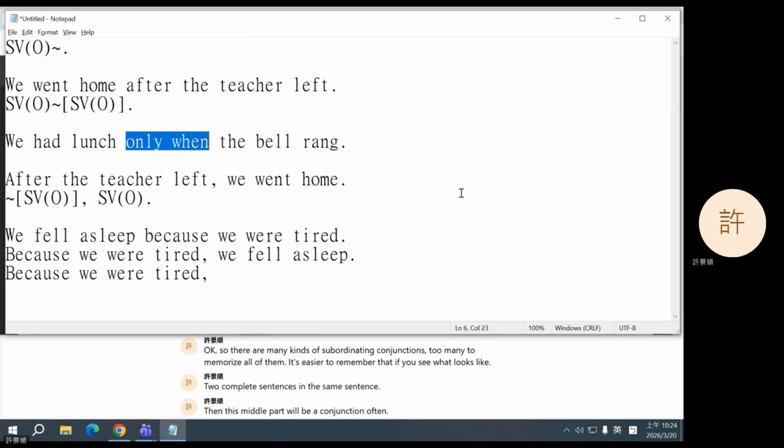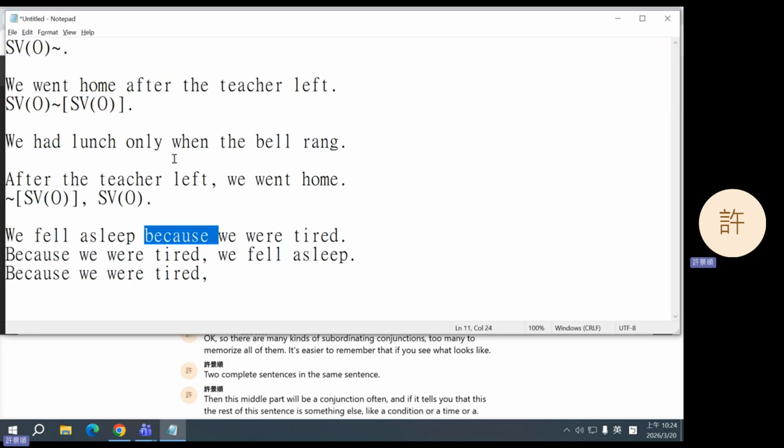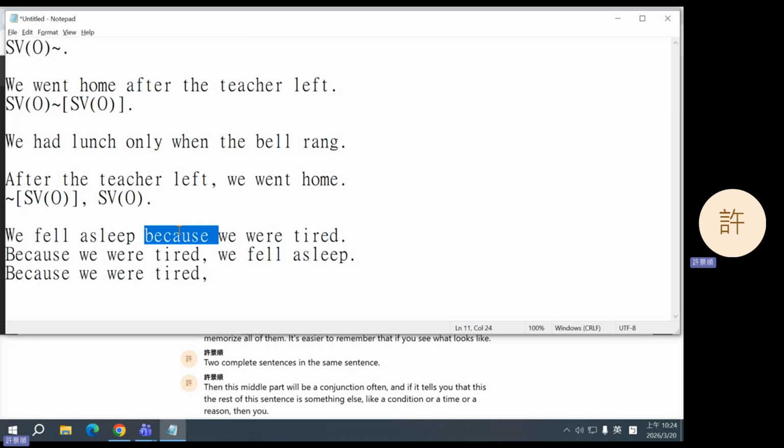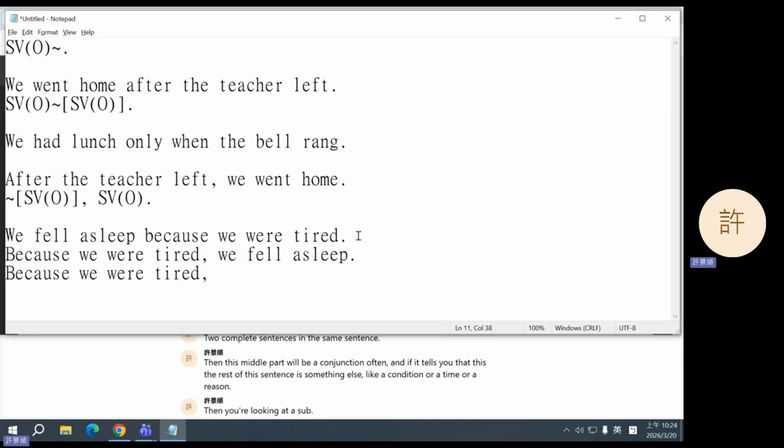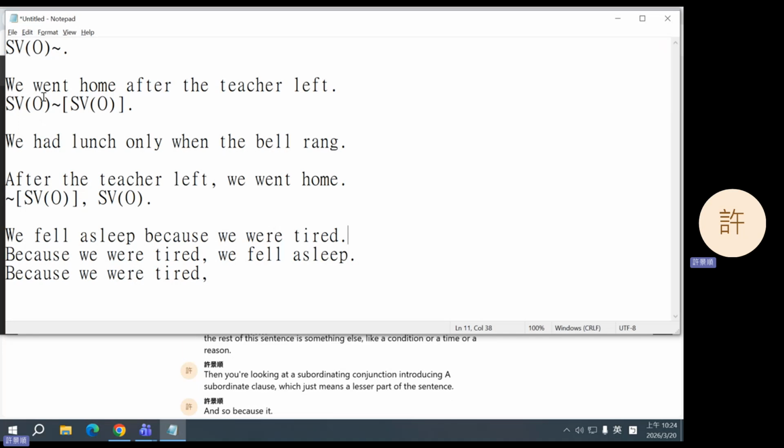And if it tells you that the rest of this sentence is something else, like a condition or a time or a reason, then you're looking at a subordinating conjunction introducing a subordinate clause, which just means a lesser part of the sentence. And so because it is not strictly part of the SVO structure, right? It's outside of the main sentence.